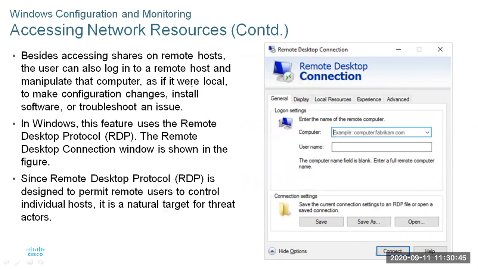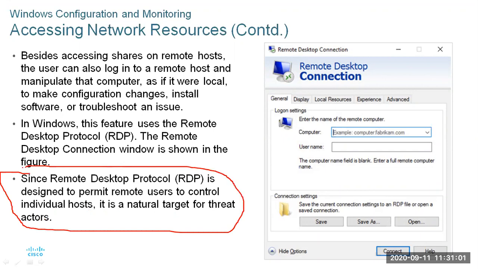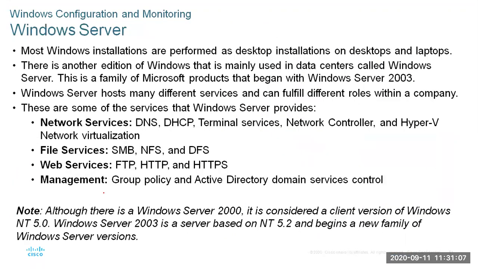That's where this comes in. Since Remote Desktop Protocol is designed to permit remote users to control individual hosts, it is a natural target for threat actors. So once you leave your RDP open, threat actors can actually make an attempt to gain access to your system.